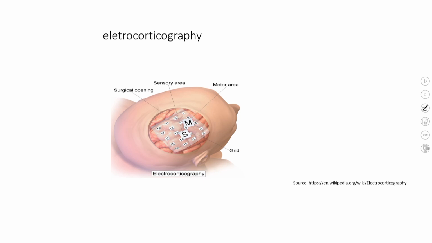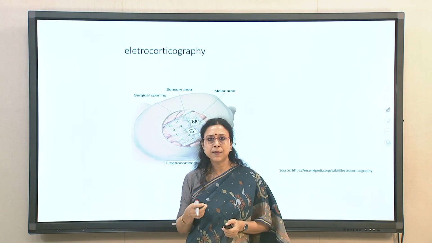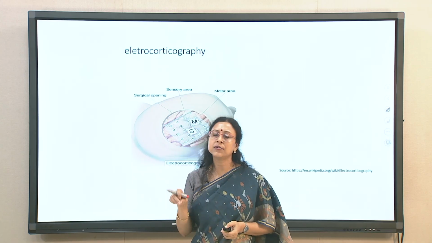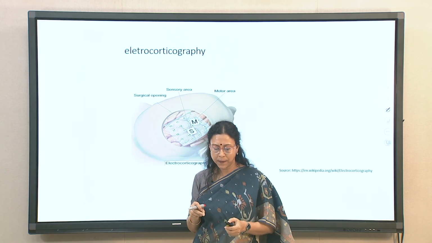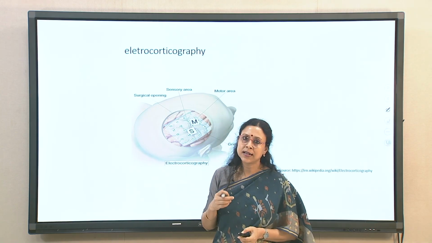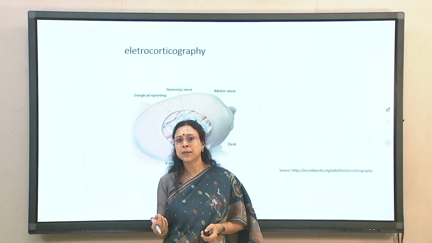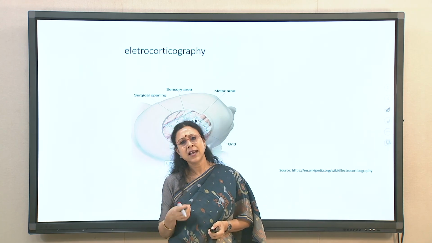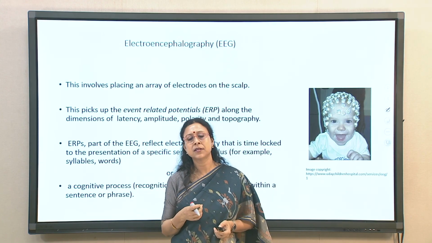The entire grid is the entire region, and the resolution will be quite high, both spatially and temporally. So, how does that entire area function? Within that area, which sub area is doing what is what will be picked up. The signals will be picked up as the person is doing some kind of linguistic task. Again, the data will typically be from epileptic patients.